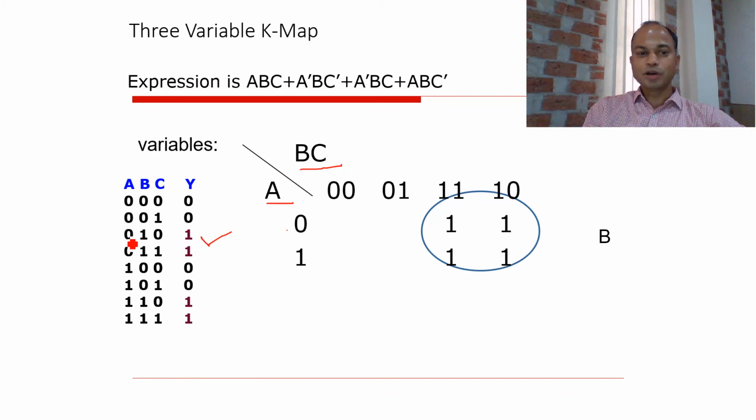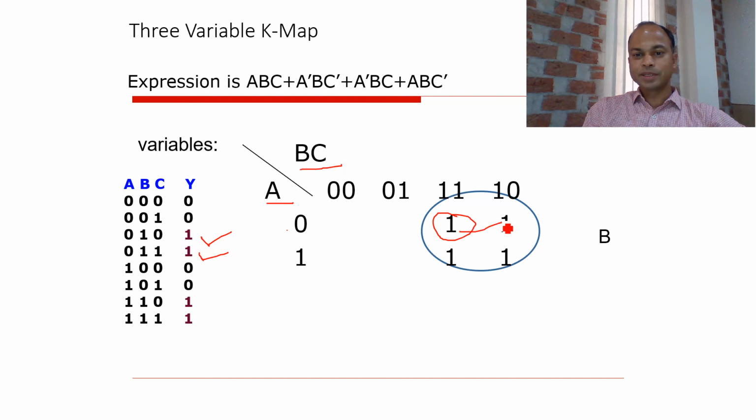The values of A, B, C are A equals 0, B equals 1, and C equals 0. This is the A equals 0 row, this is the B equals 1 column, and this is the C equals 1. In this way, we can write this one. If we talk about 0, 1, 1, then we can write A equals 0, B equals 1, and C equals 1.